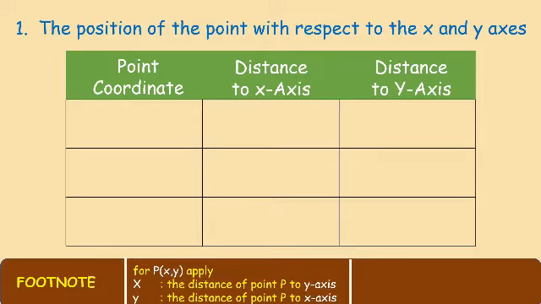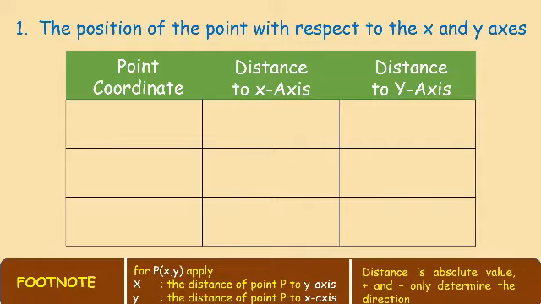So x determine the distance to y-axis and y determine the distance to x-axis, right? Yeah, you're right. And don't forget that distance is always absolute value. The sign positive and negative only determine the direction, left or right, and up or down.